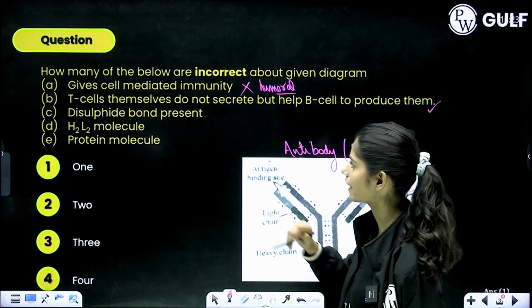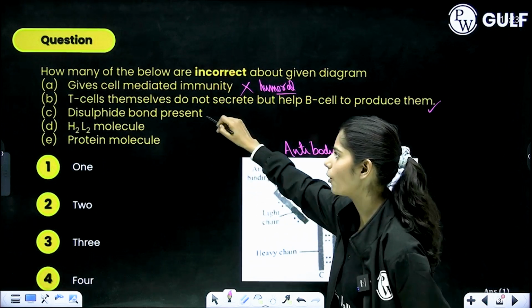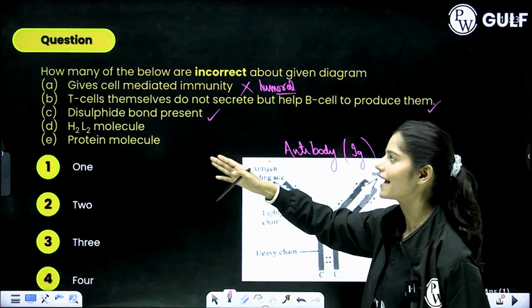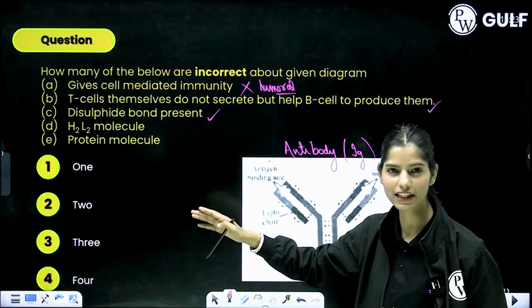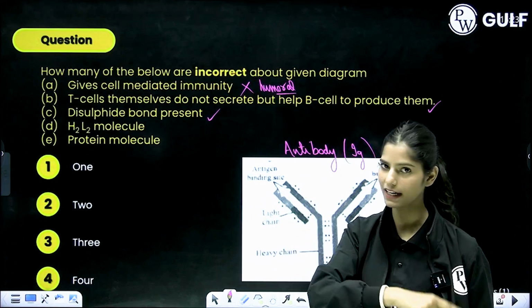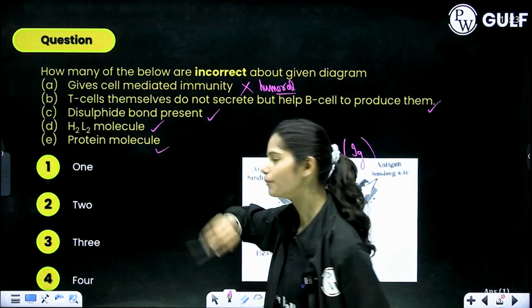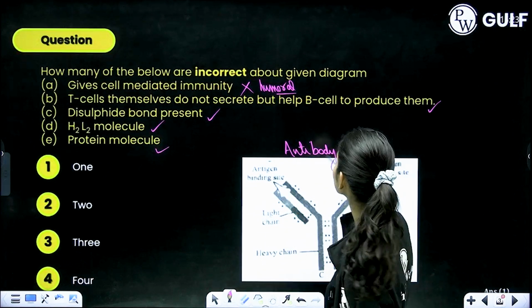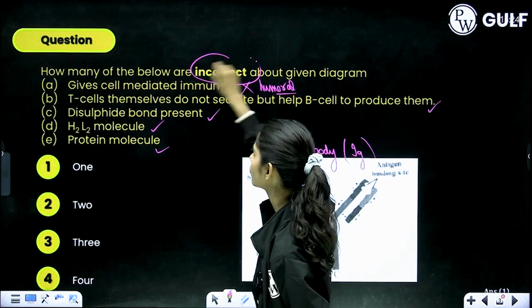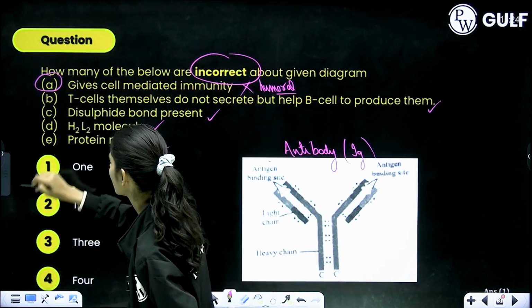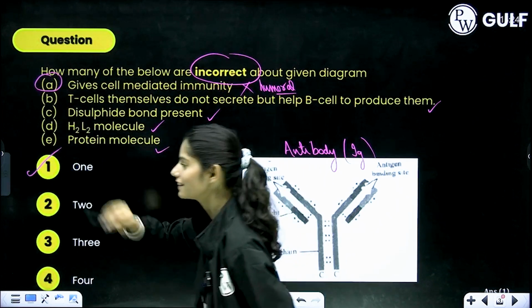Yes, absolutely correct. It has a disulfide bond, that is absolutely correct. It has an H2L2 molecule, which is definitely correct. It has 2 heavy chains and 2 light chains, right? Then it is a proteinaceous molecule. Yes. So how many statements are actually incorrect, right? So it is actually only one. So the first option is the correct answer, right?